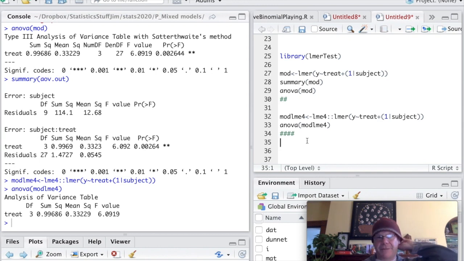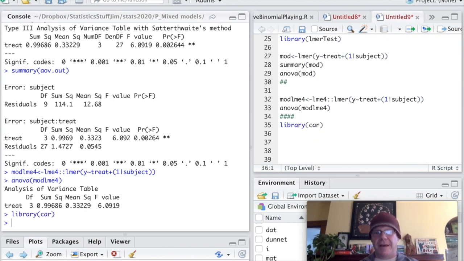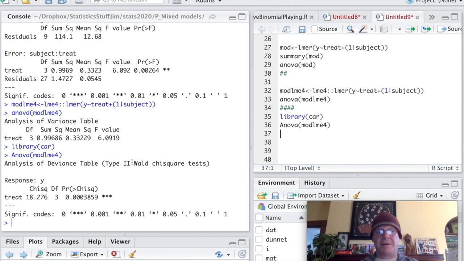As I think I've mentioned before, in statistics, there's often no one right way to do something. There's clearly lots of wrong ways to do something, but there's no one right way. And mixed models is a really good example of there not being one accepted right way. But if we were to stick with this lme4 object, we could again use, let's open up the car package, and if we were to use the capital A Anova on that, we would get this Wald chi-squared test.